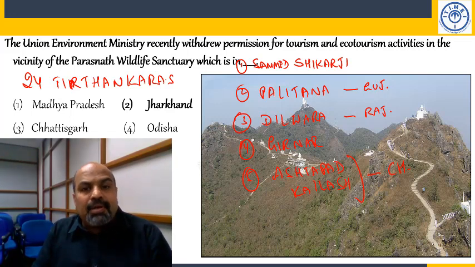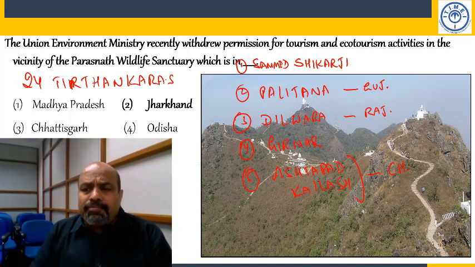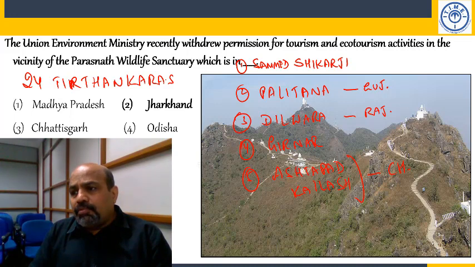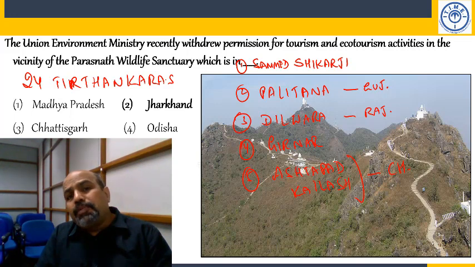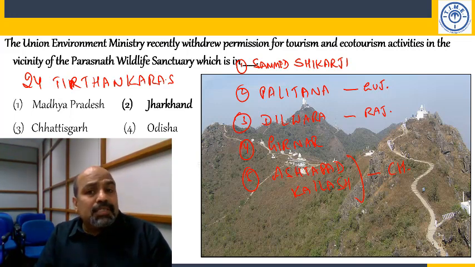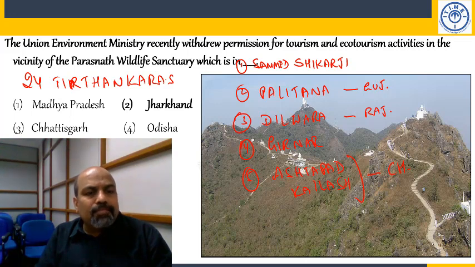Alcohol and meat, especially non-vegetarian food, are forbidden by Jainism, because ahimsa, non-violence, is one of the five major principles of Jainism. So the Jains all over the country protested, and finally the Union government relented and said that it will no longer designate this as a tourist place. So that's it. Nothing beyond this.